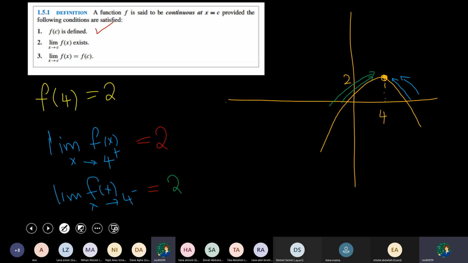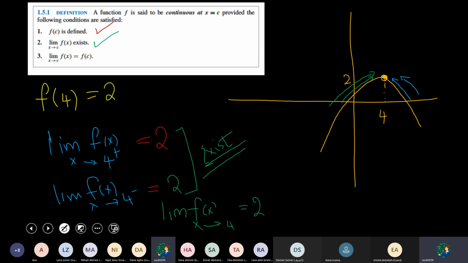It's going to be near 2. Is the limit from the right equal to the limit from the left? Yes. Because they are equal and exist, limit f of x when x approaches 4 is equal to 2. So my second condition was satisfied also.